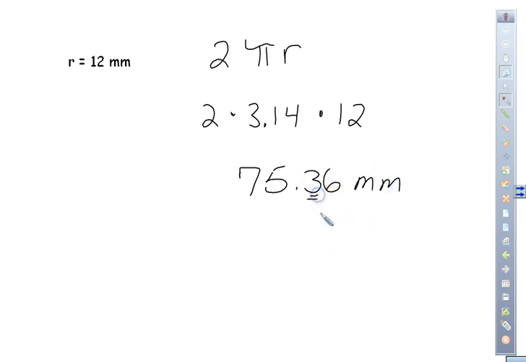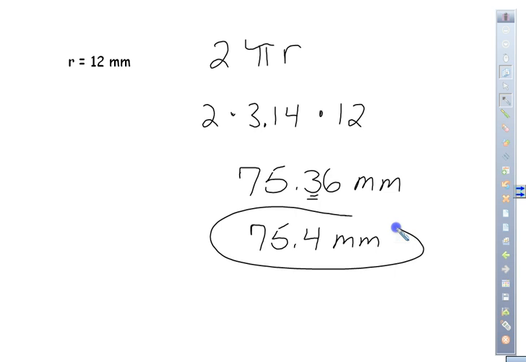Then once again, we need to round, and it would be 75.4 millimeters. That is circumference. If you have any further questions, please take note of that, and we'll discuss it further tomorrow.